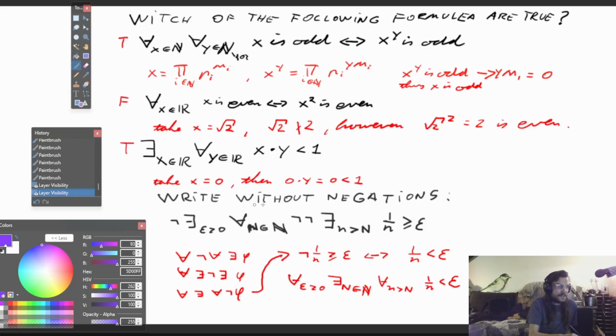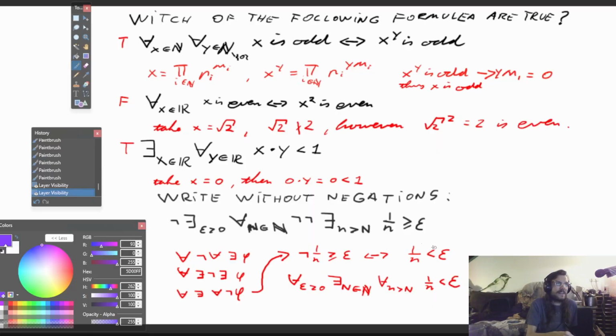Okay, so writing this without negations, I put it in 2 parts here. First off, remember that you can flip the negation around. So you flip the quantors, and then you end up with an all, not the thing here. And to negate the relation is larger than or equal to, it's the same as saying is smaller than.